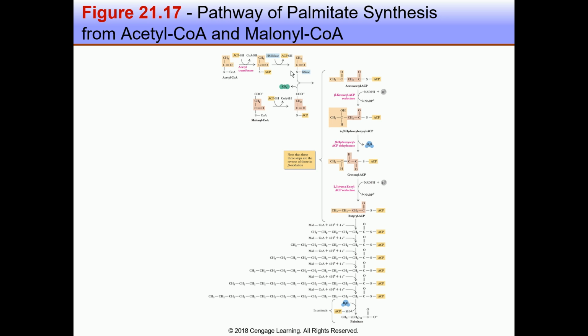Similarly, in the fatty acid biosynthesis, 2 carbons will be added in every step. So here you can see this is the acetyl coenzyme A and this is the malonyl coenzyme A. They act as building blocks for the synthesis of fatty acids, and they are introduced as acyl carrier protein conjugates.